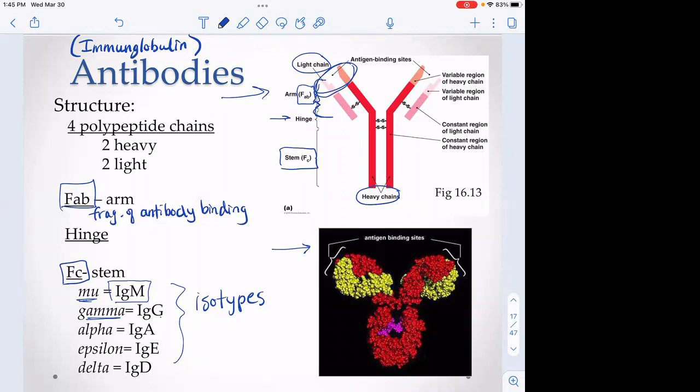And that helps illustrate the incredible specificity of those antigen binding sites. It's 3D, like a puzzle piece, and it's only going to recognize one very specific epitope.